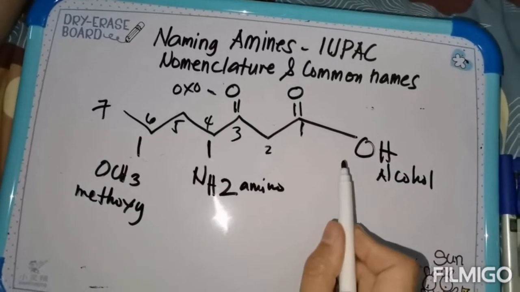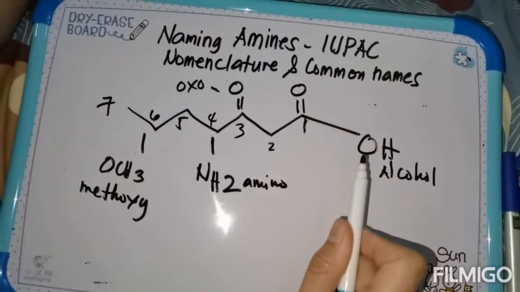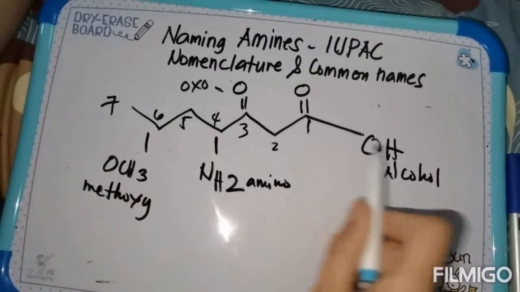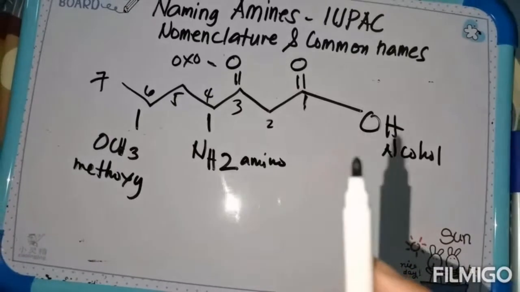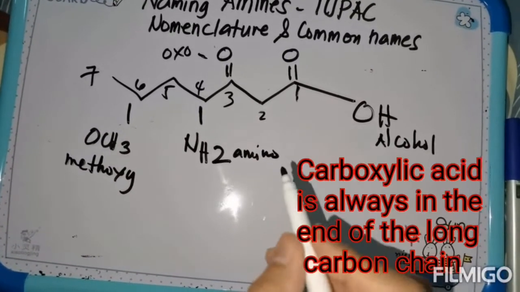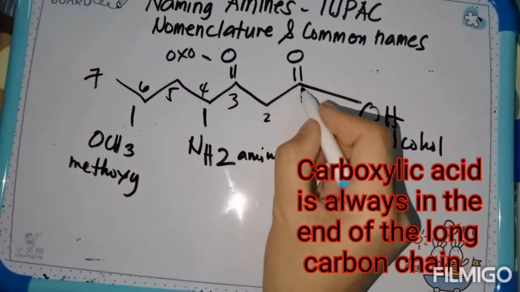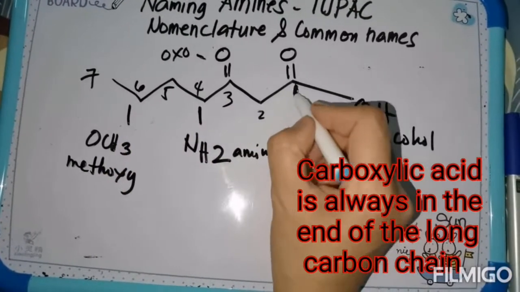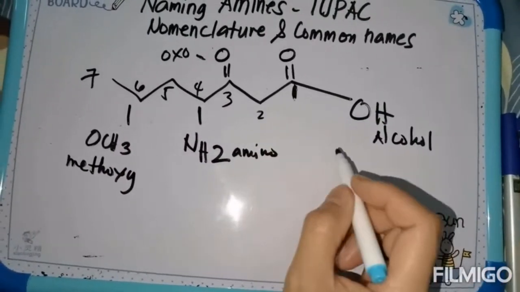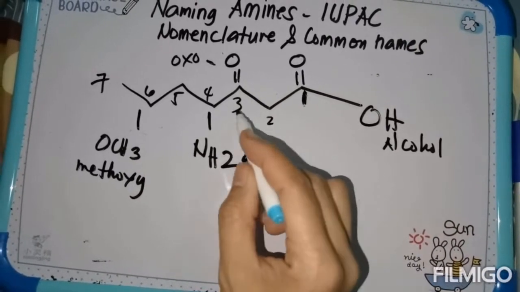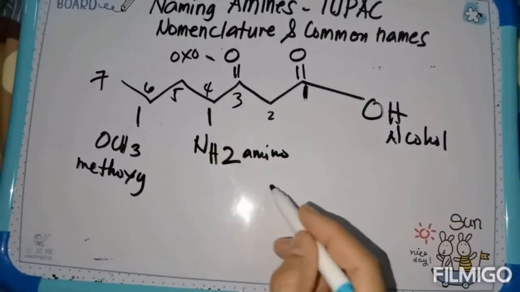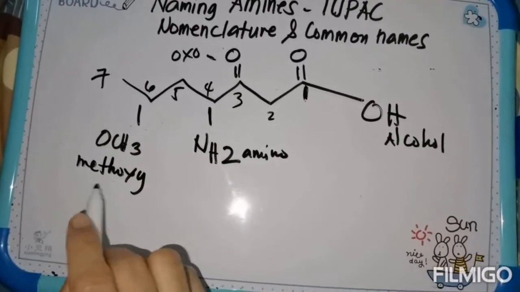Because the carboxylic acid has more priority in this particular long carbon chain. Okay, and as we all know, the carboxylic acid is always at the end of the chain, so it always has to be numbered 1. So now the positions here are number 3 oxo, 4 amino, and number 6 methoxy.